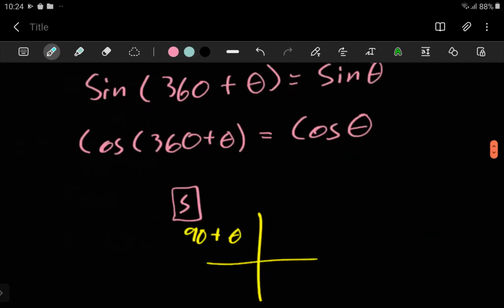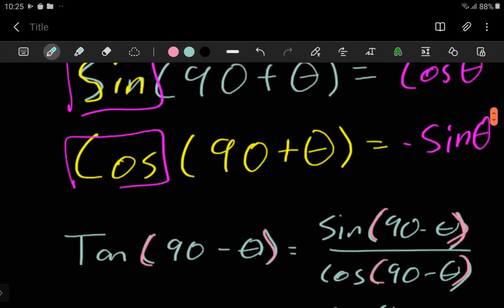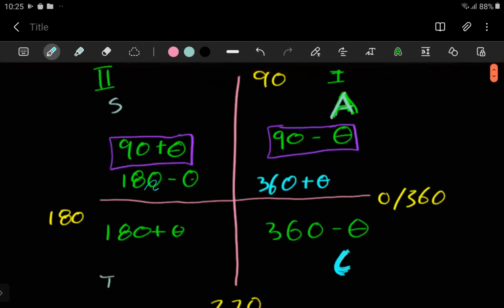An example is, if you look at our diagram up here, remember we said this quadrant here, you would say 180. Remember 180 is a positive number, so you're going anti-clockwise 180 degrees. And then when you minus theta, you go clockwise. That's how you end up in this quadrant.